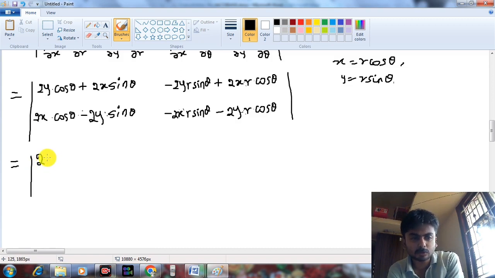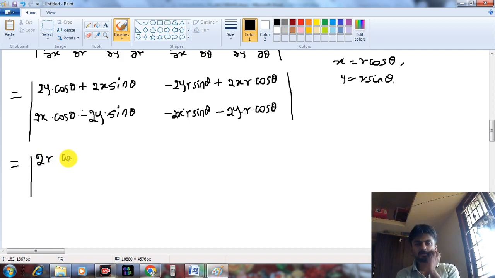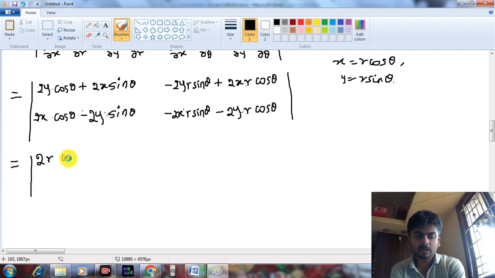So 2 into r cos theta sin theta. I think no terms will get cancelled when I substitute with respect to y and x. So better we shall first take the determinant and then substitute the rest of the things.